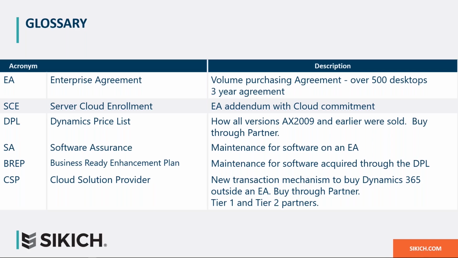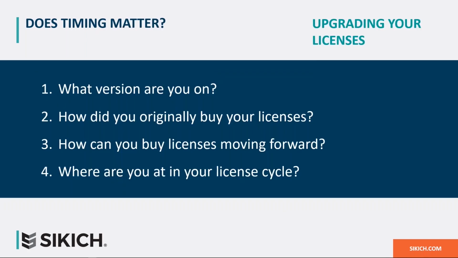Neither of these configurations should make a difference on your partner's ability to sell you a subscription to your software. These things are important because how you upgrade your license will very much depend on how you bought it in the first place. So some things you have to think through. 1, what version are you on? 2, did you buy on the EA or the DPL?